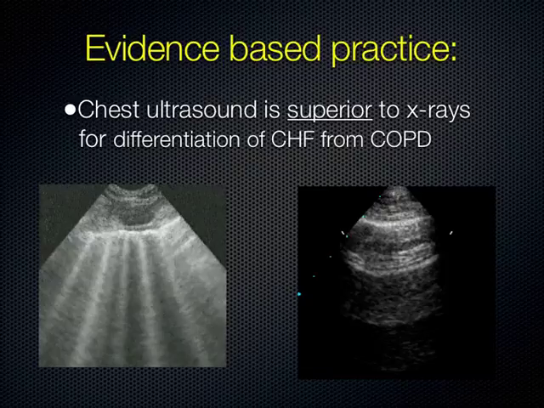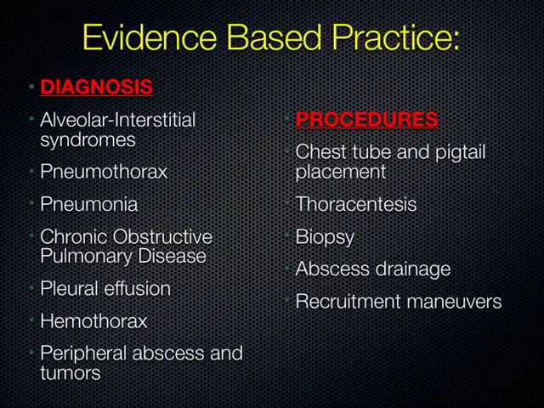There's several other things that we know from the evidence, which is we can adequately look at alveolar interstitial syndromes, which in other words is pulmonary edema and variants of that, pneumothorax, pneumonia, COPD, pleural effusions, hemothorax. I can read you the list, you can read it yourself. But not only can we appreciate diagnoses on ultrasound, but we can also guide our procedures and our imaging during procedures to increase patient safety. All of this has been well worked out.